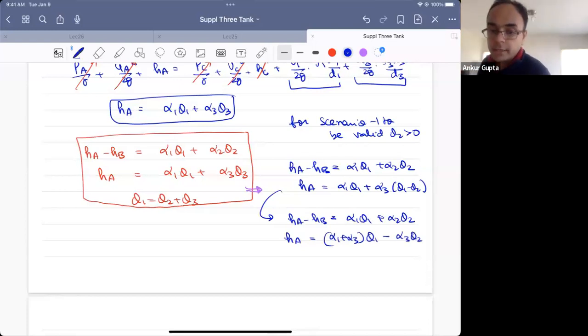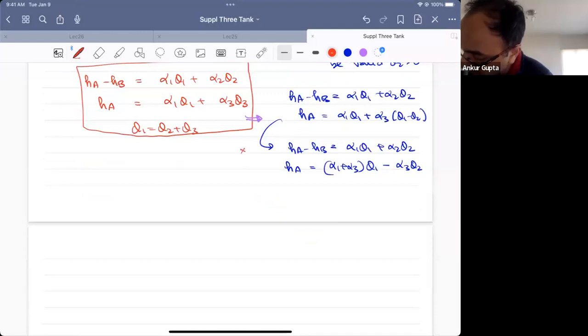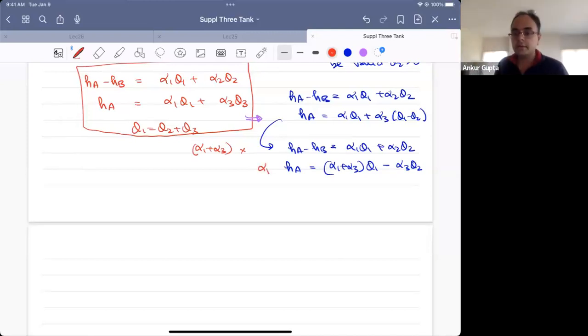And now, to eliminate Q1, I should be multiplying this by alpha 1 plus alpha 3, and then multiplying this by alpha 1, and then subtracting, so that I can cancel out Q1 and simply get Q2. Okay, so let's do that.